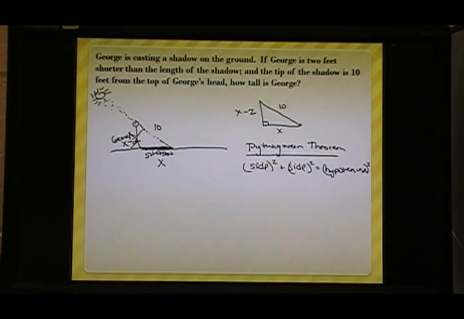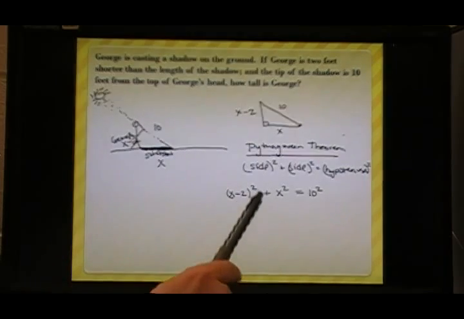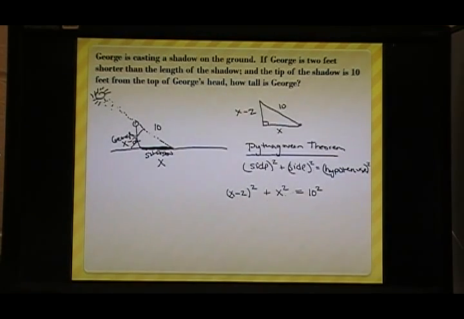So we can use this Pythagorean theorem to write an equation that's going to let us solve for x. So my sides are x minus 2 and x. So it is true that x minus 2, quantity squared, plus x squared is equal to our hypotenuse squared, or 10 squared. Simplifying this, if you square a binomial, don't forget that you have to FOIL.